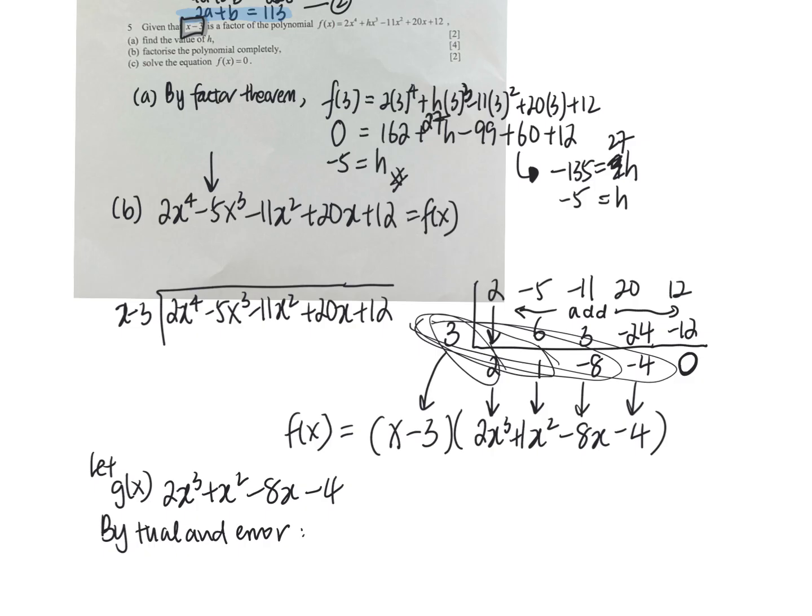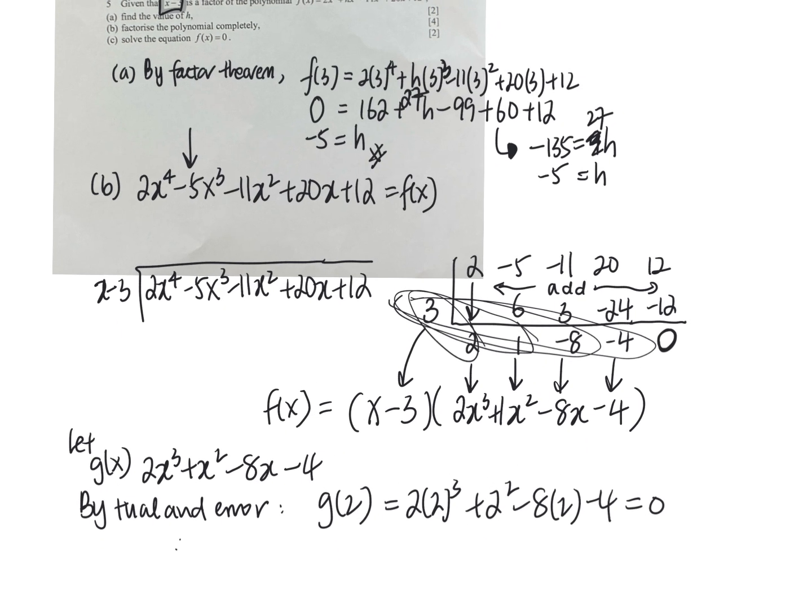Okay, degree 3 is 2, 1, minus 8, and minus 4. So one solution is 2. So by trial and error, you can sub in 2 and show me that it is 0. So equals to 0. So therefore by factor theorem, since g(2) is 0, therefore x minus 2 is a factor.